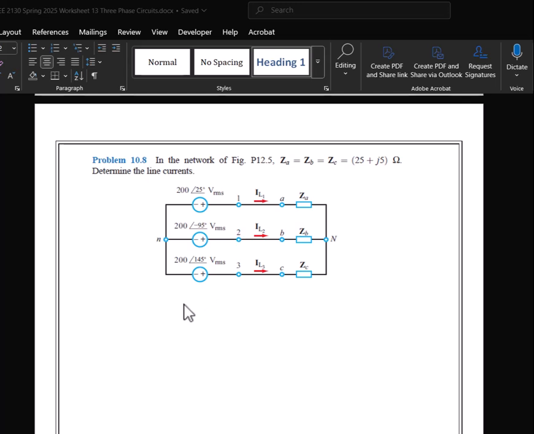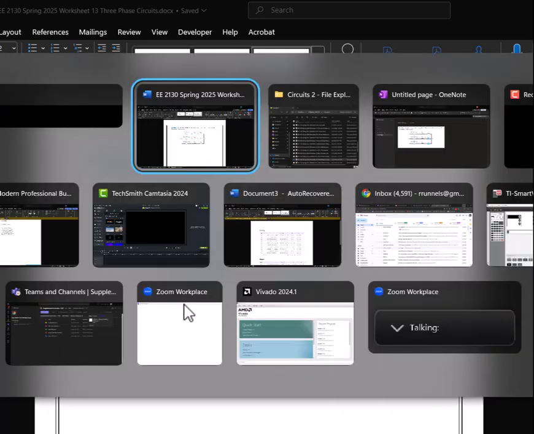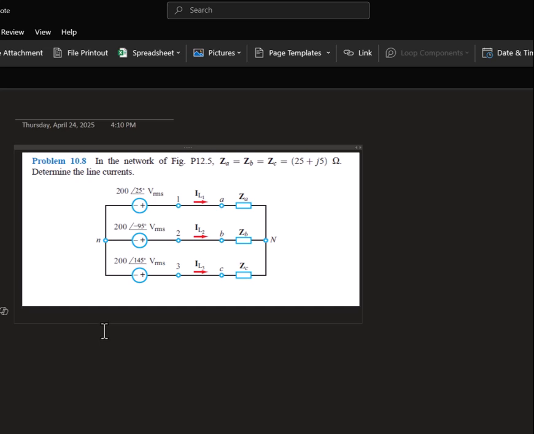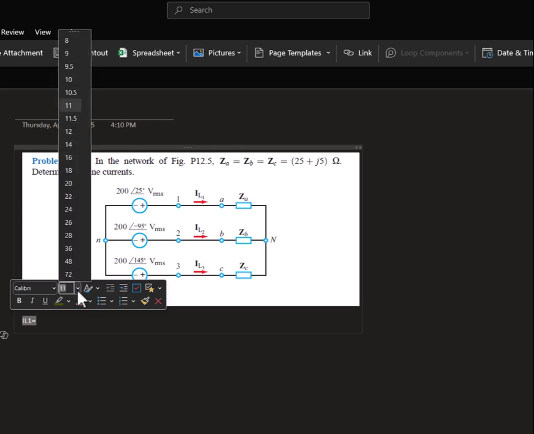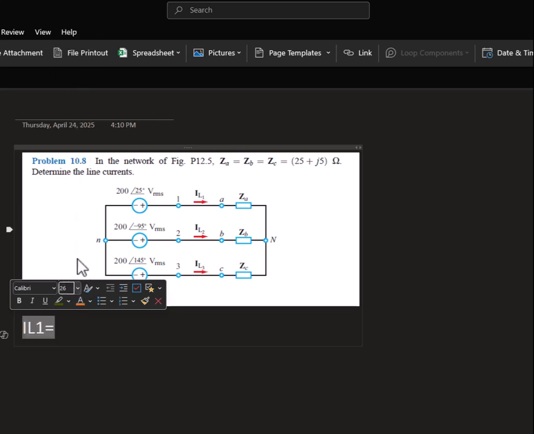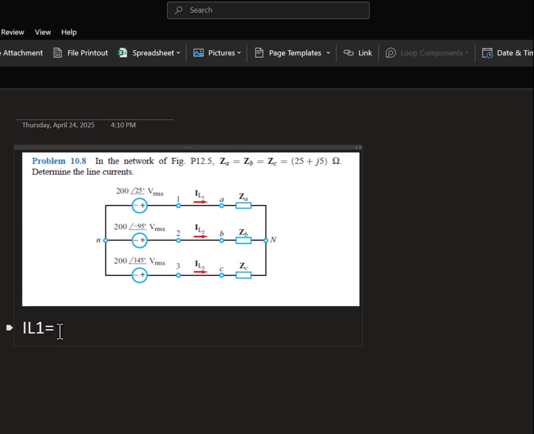So that would be IL1. I mean V1 over ZA.